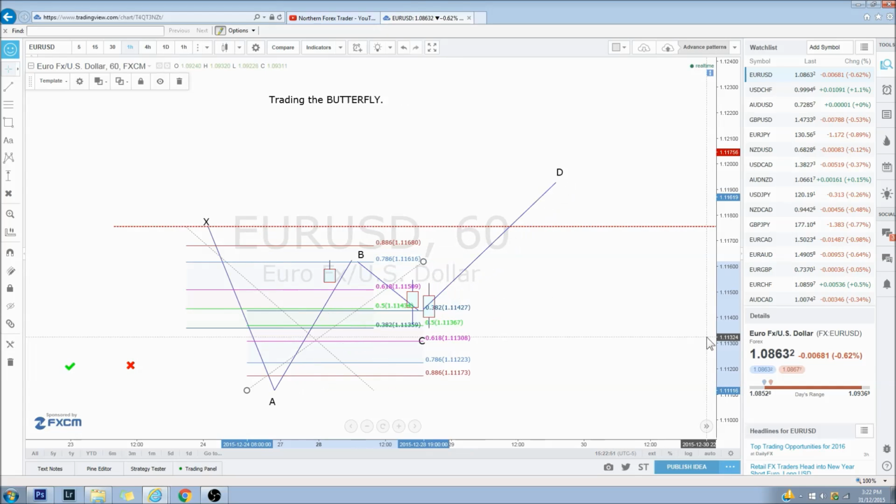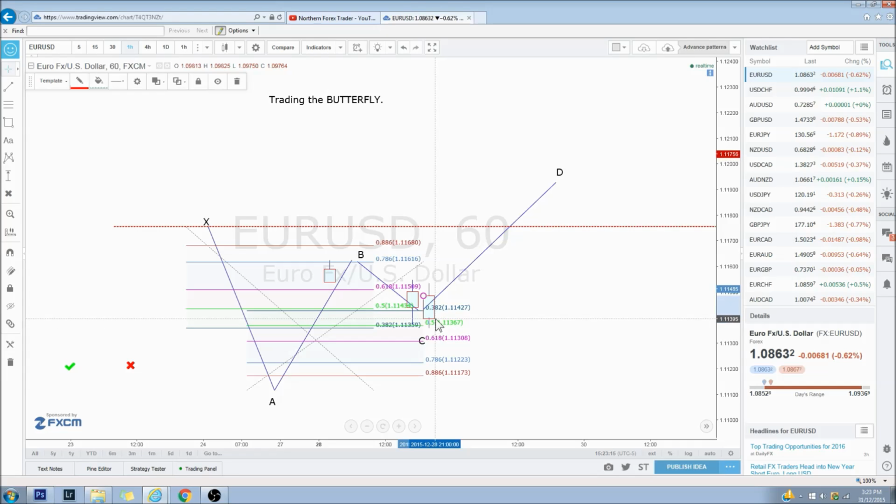Okay? Now, the next rule we need here is that the candle, now we're talking about the body of the candle. Doesn't matter about the wick, just the body of the candle must close past the 382, but must not close at or beyond the 50% mark right here.